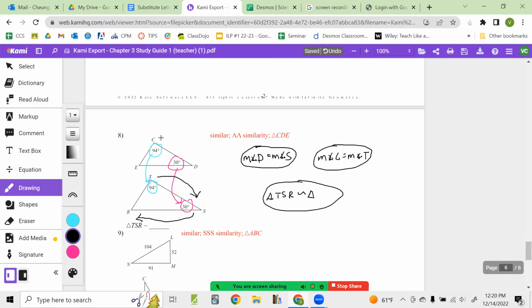So we're going to go the same thing, C to D, and then blue to pink, and then the other way. So it's going to be triangle CDE. And this is called, oh yeah, don't forget the arrows. And this is angle similarity.